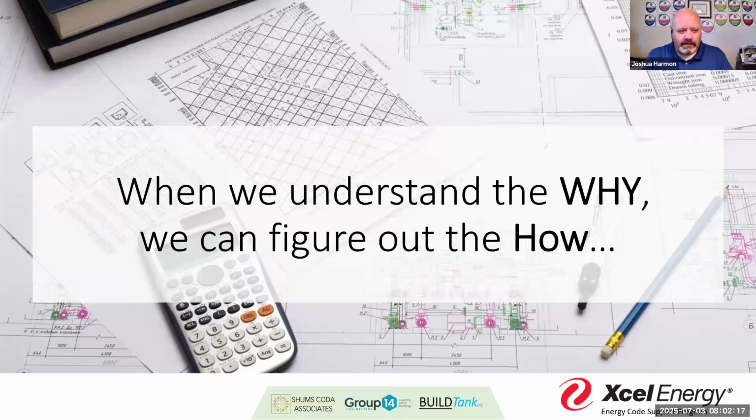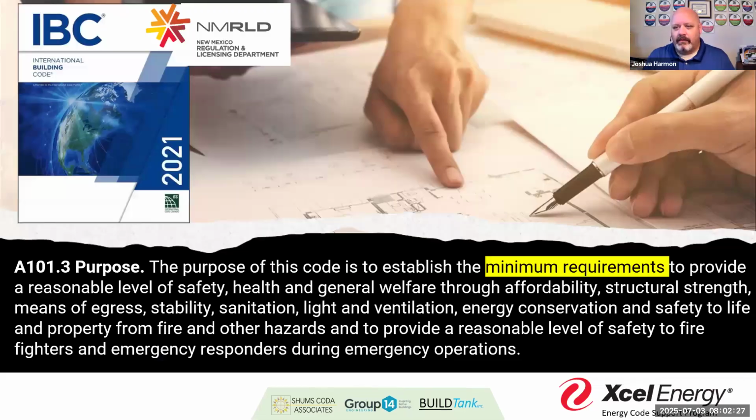I think any process, whether we're talking about plan review or inspections, requires us to understand why we do it. And once we fundamentally understand the why, then we can really get into the how we accomplish it. We've talked about this before, and I talk about it every time because I think it's important to reinforce that the reason we have codes is to provide minimum expectations of what it means to be safe in the construction that we have throughout New Mexico.